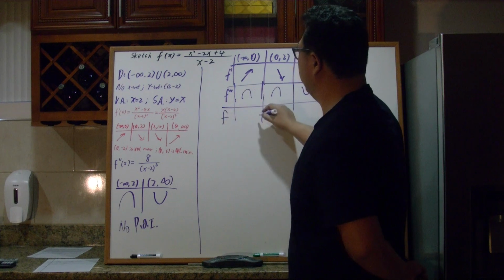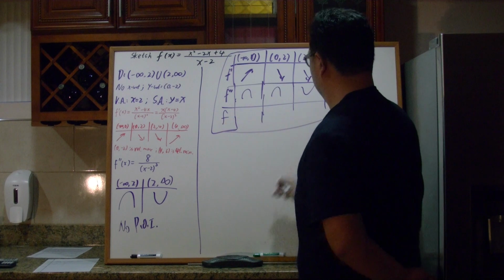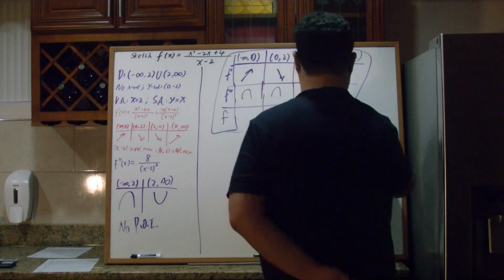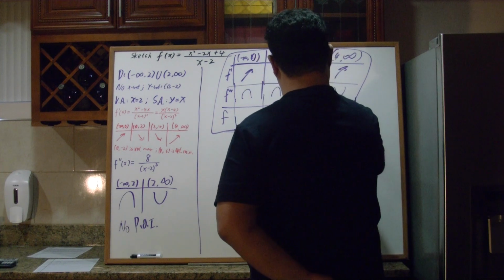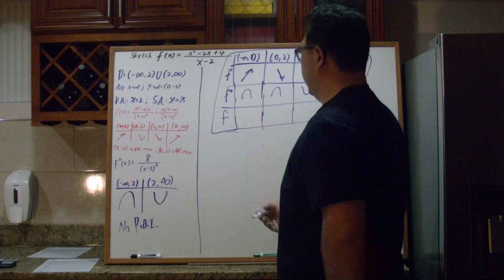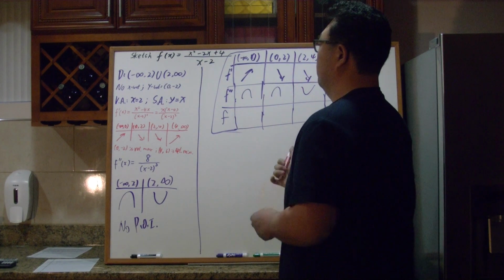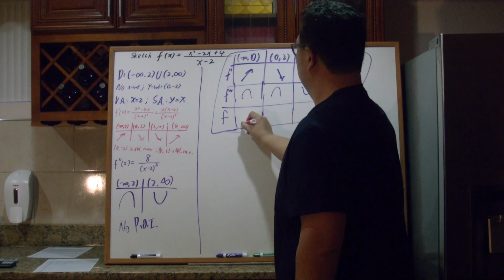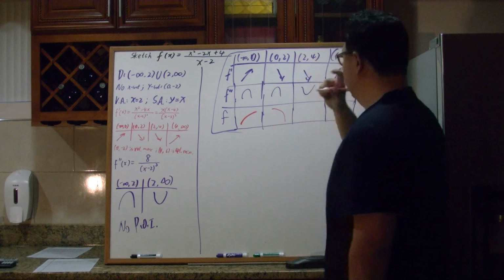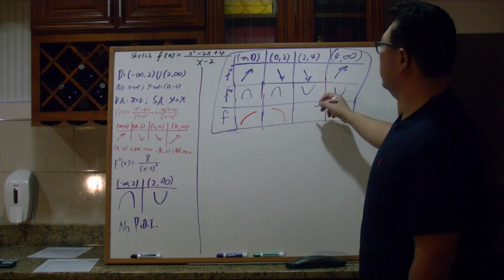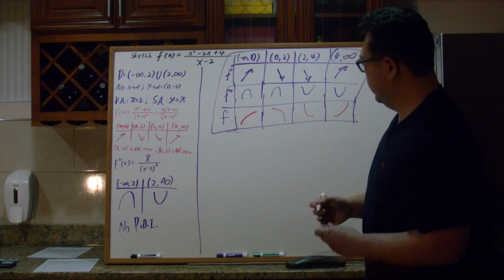And finally, for the shape of the function, we have increase and concave down, decrease and concave down, then decrease and concave up, and increase and concave up.